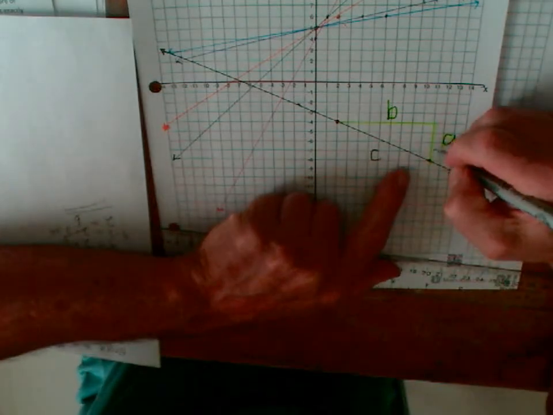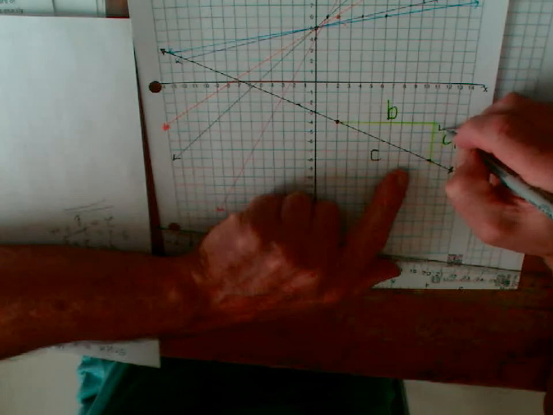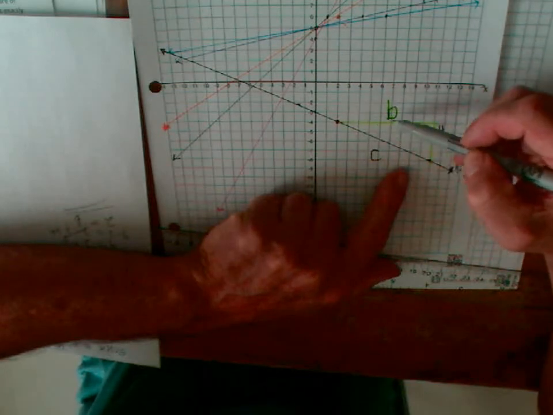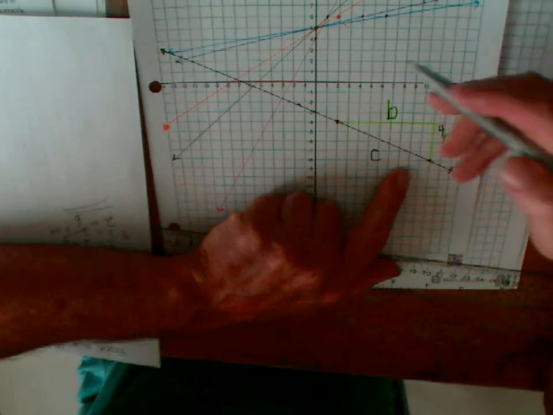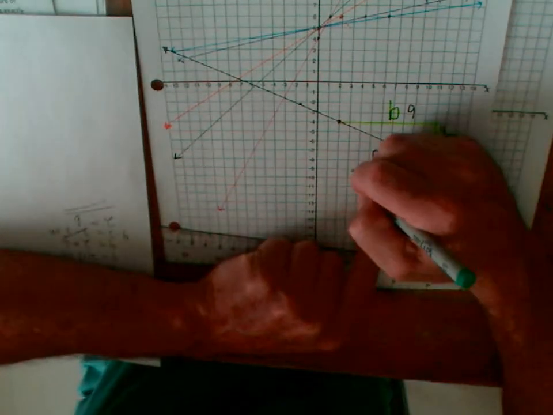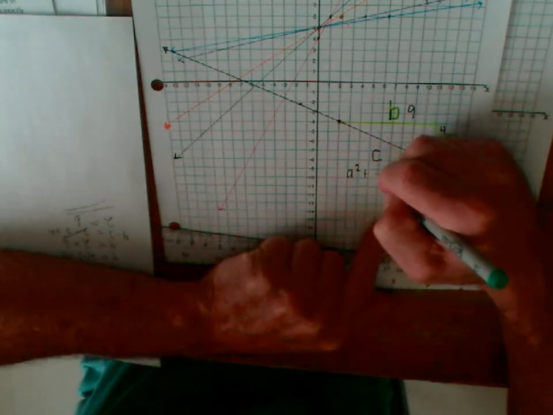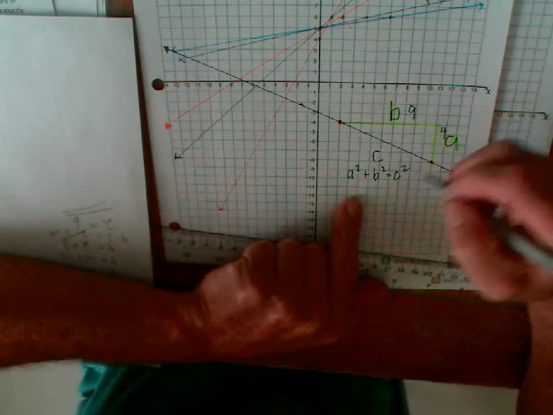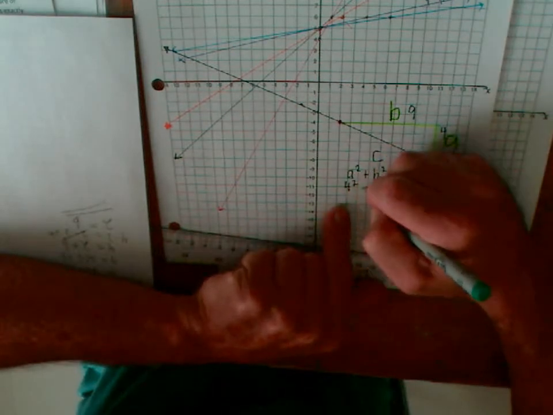So A is 1, 2, 3, 4. 4 units. 1, 2, 3, 4, 5, 6, 7, 8, 9 units. So there's our A squared. A is going to be 4 squared.